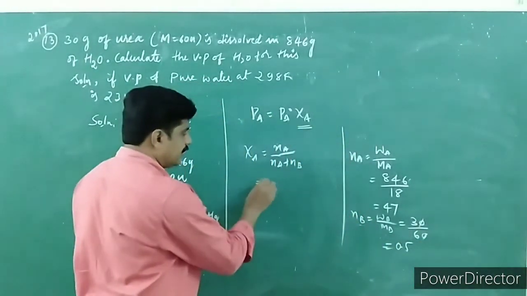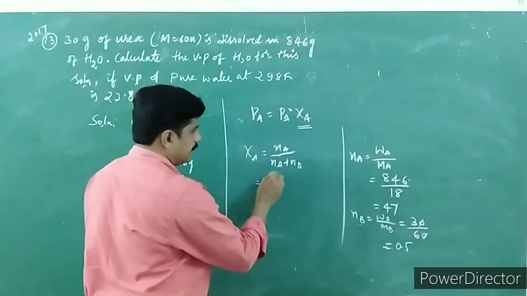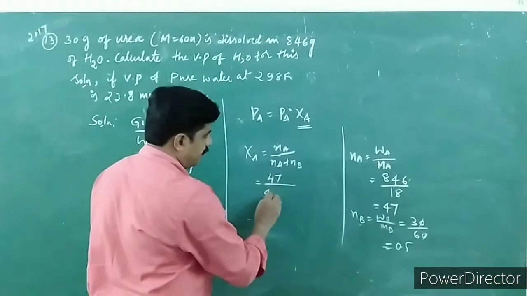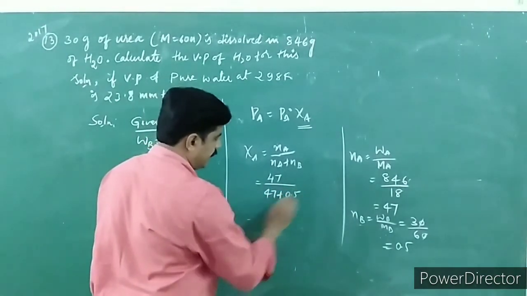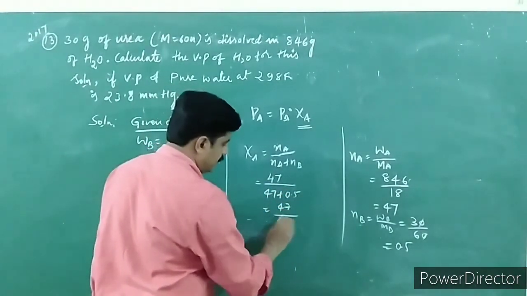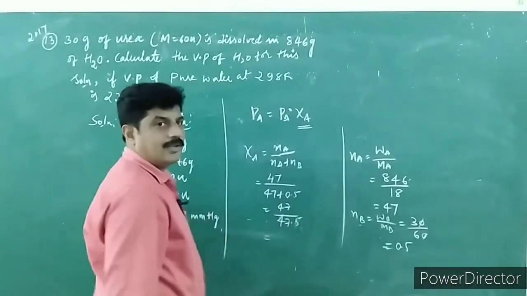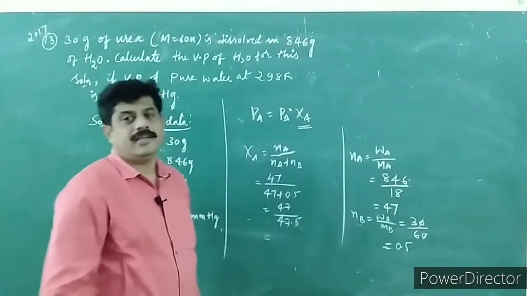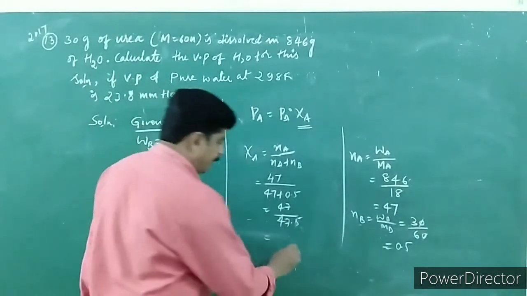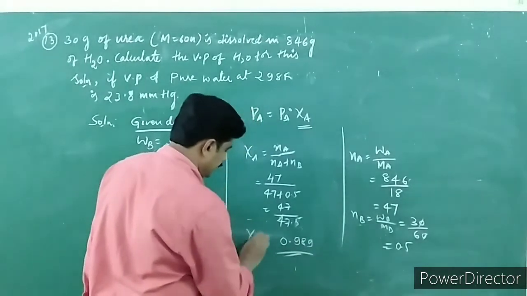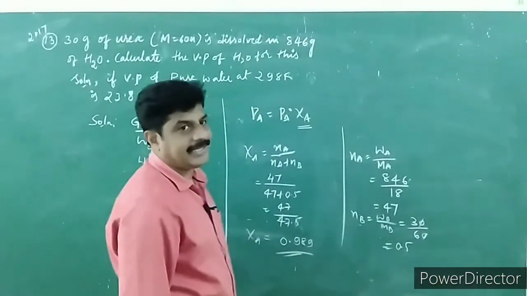Now I'll substitute the value here. XA is equal to nA, that is 47, upon 47 plus 0.5, so 47 upon 47.5. Children, if you simplify this, you are going to get 0.989. So XA is equal to 0.989.